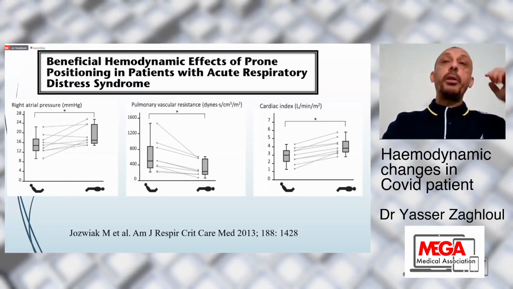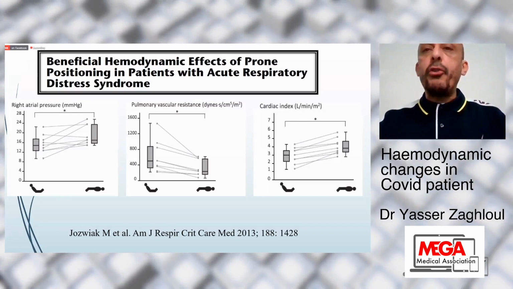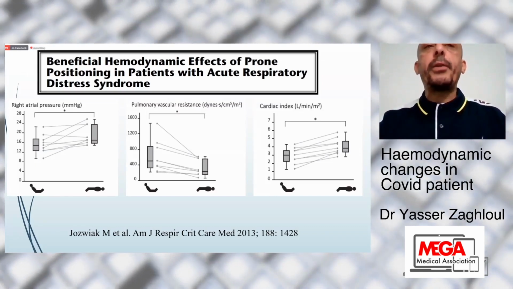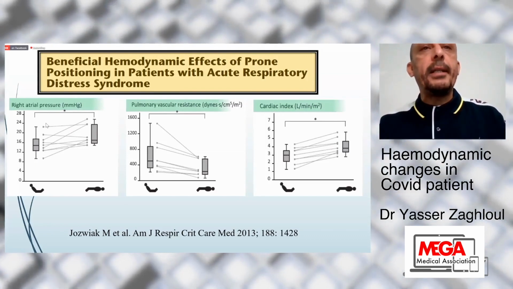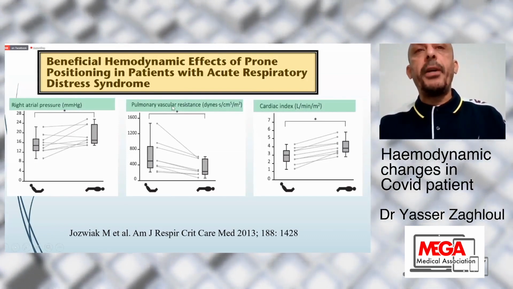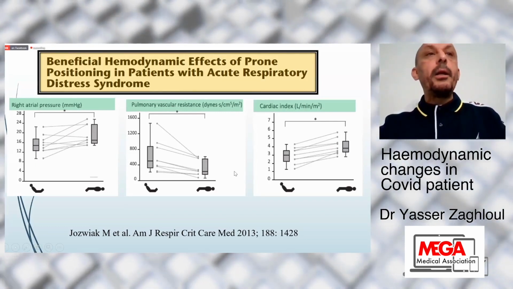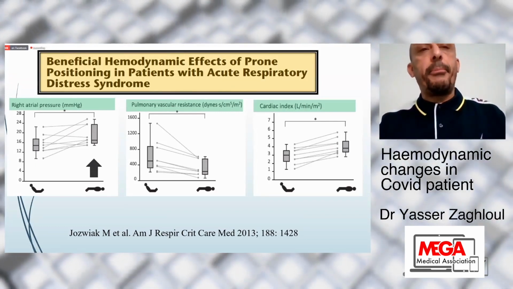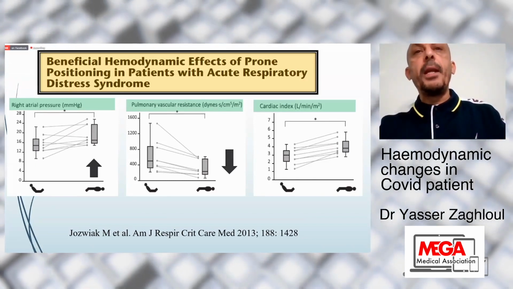We use the prone position to improve oxygenation, but it may also improve the cardiovascular parameters. You can see here the effect on the right atrium, the pulmonary vascular resistance, and the cardiac index. Right atrial pressure will increase because of the prone position, which increases intrathoracic pressure.